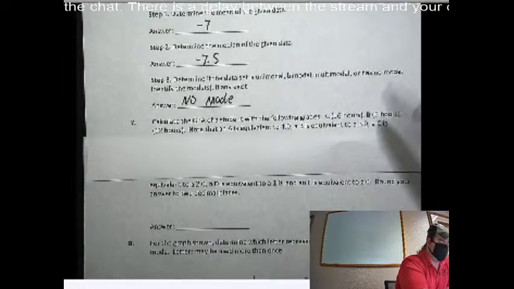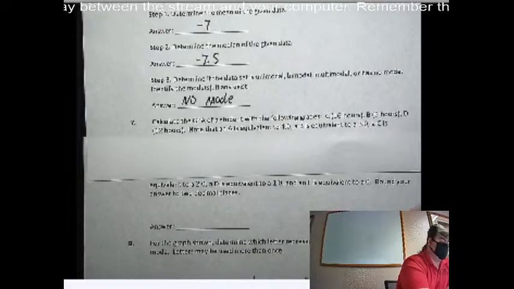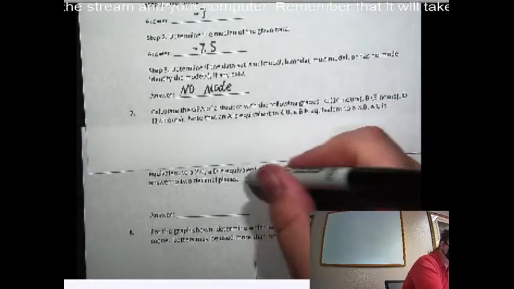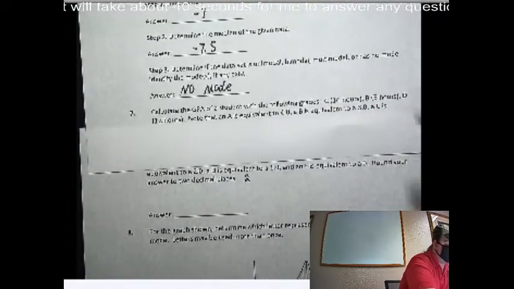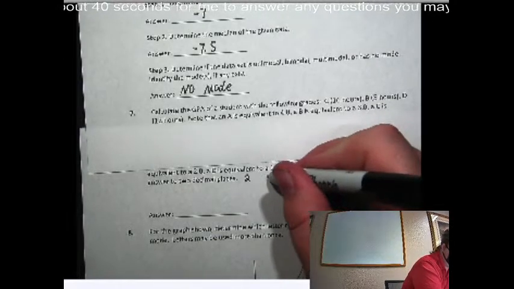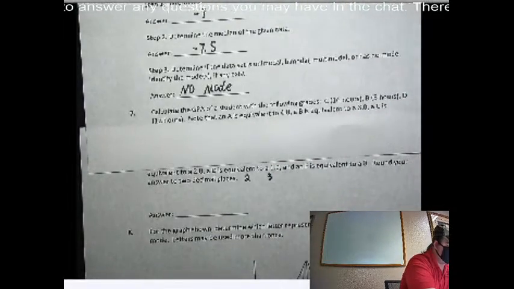So again, we have C, B, and D. So a C is worth, let's see, 2.0. And B is worth 3. And D is worth 1.